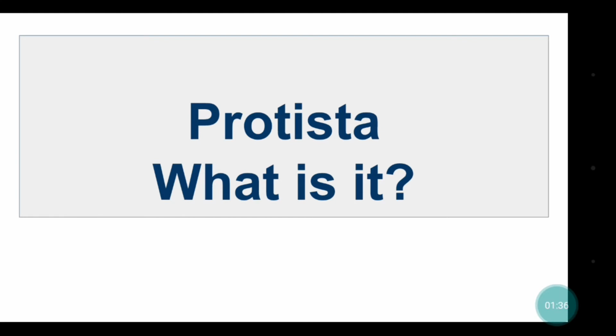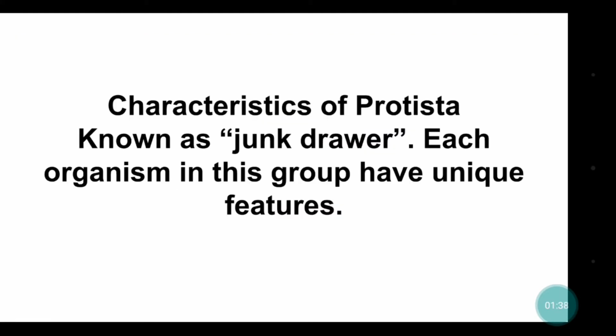So these are the primitive forms of all these higher kingdoms, you can say like this. So it is also known as junk drawer. Why? Because each organism in this group have unique features and they do not match with each other exactly.